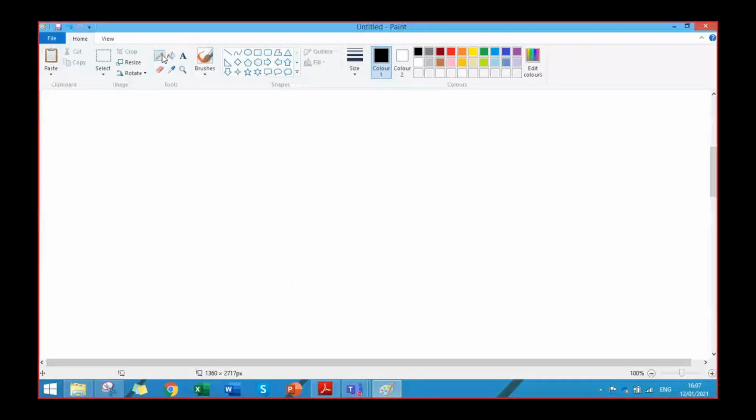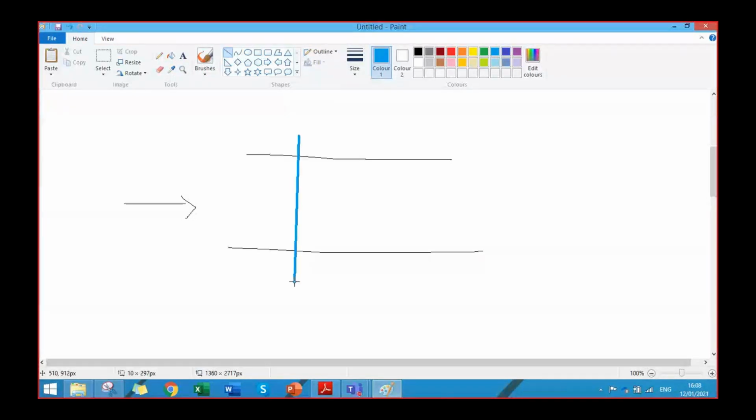Let's say this is a pipe and water is flowing in it. I define an imaginary surface across this pipe, starting from here to here, like this.